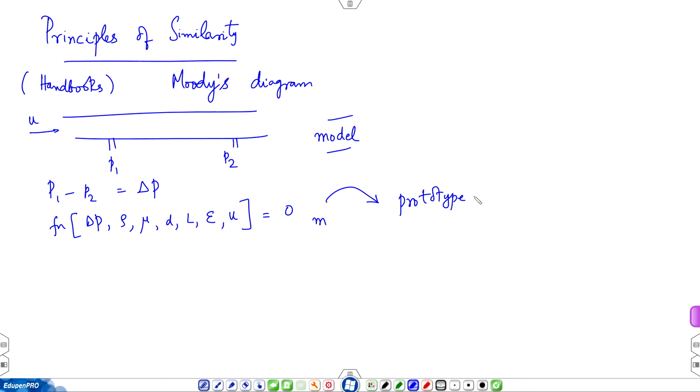Of course, when the subject was being developed, prototype was larger than the model, but now there is no such conditionality. Prototype may be much smaller or much larger than the model. So, to carry out this mapping or transformation, we express the relationship in dimensionless form.